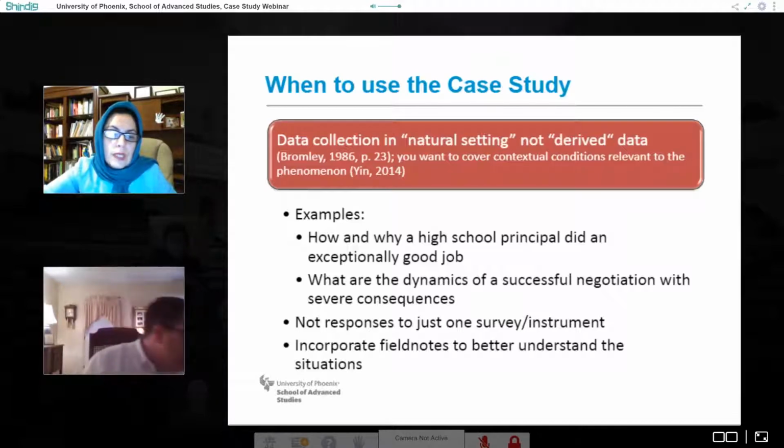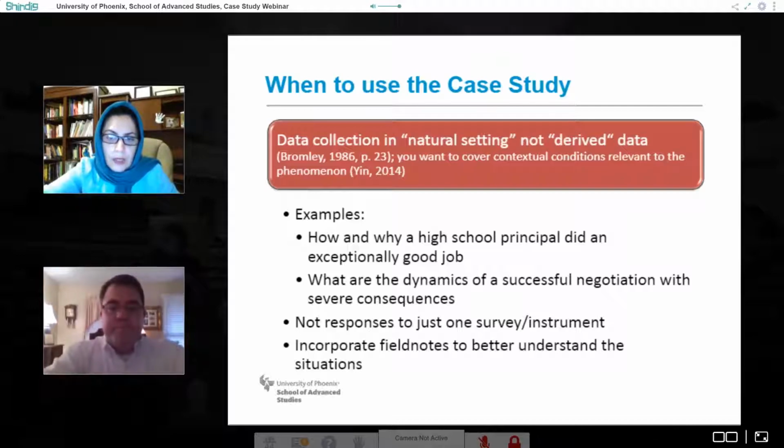We can do this with a case study, but to really answer this question, we cannot just collect data from one survey. We cannot even go with just one set of interviews. Or we may not go just by asking students' perspective. We need multiple sources of data to really capture the event and understand why this principal is doing a great job, for example.